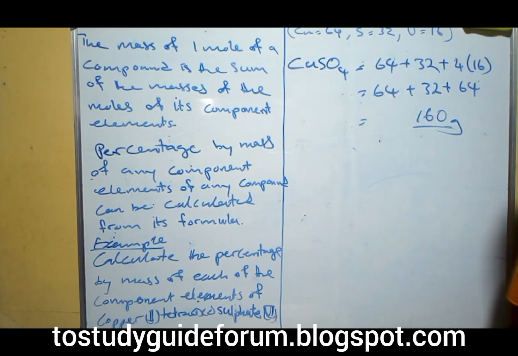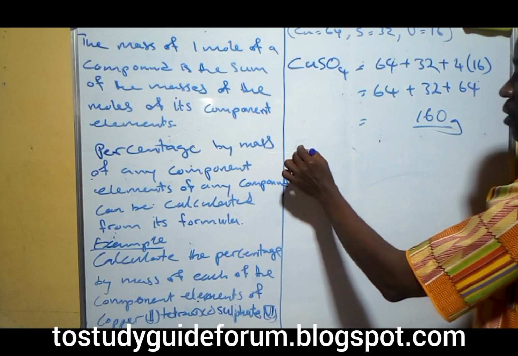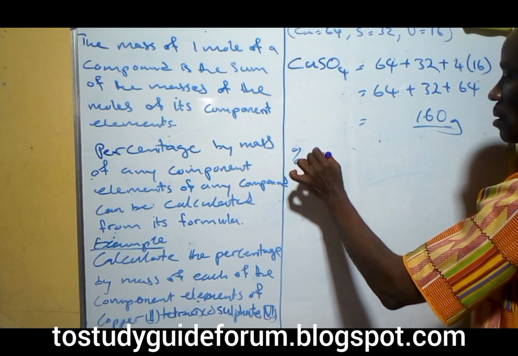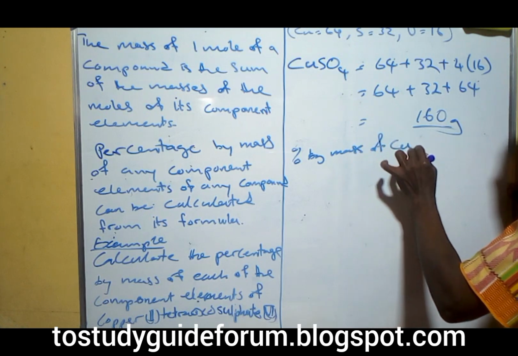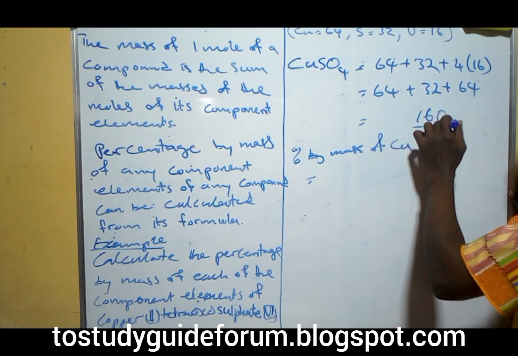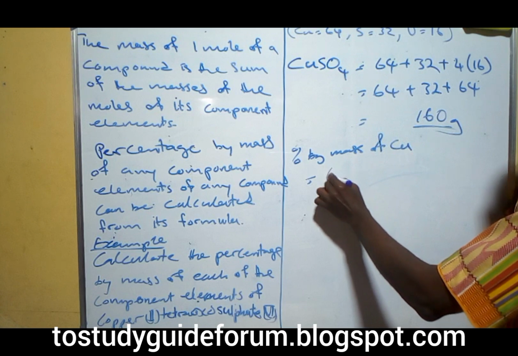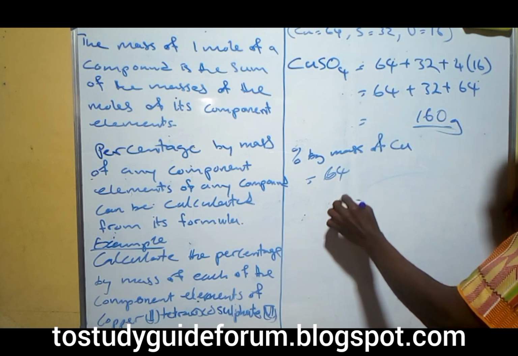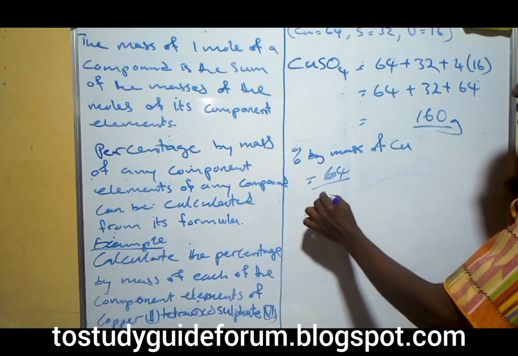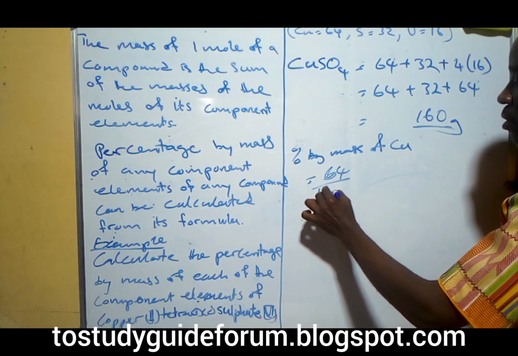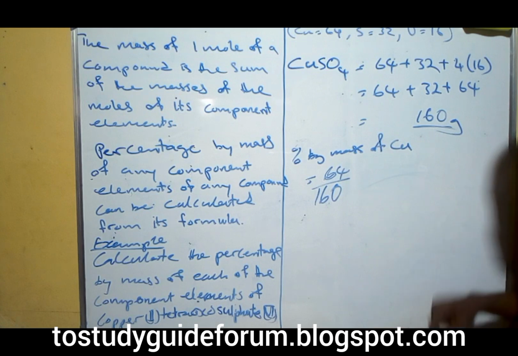Copper here, we have the percentage by mass of copper. We will say that copper is 64, and the mass of the compound is what? 160.